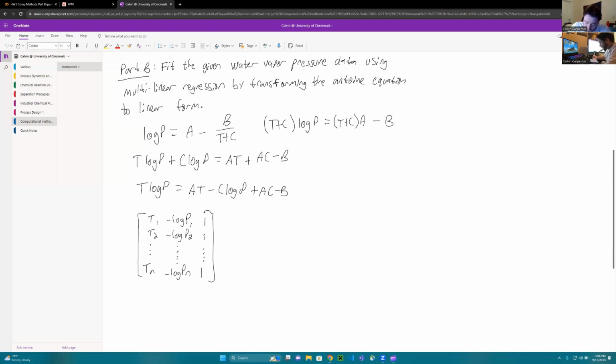First we have to multiply by our unknowns. We're going to have A, C, and then D. So this part right here is what's going to be our D.